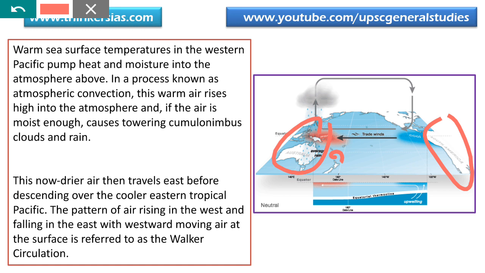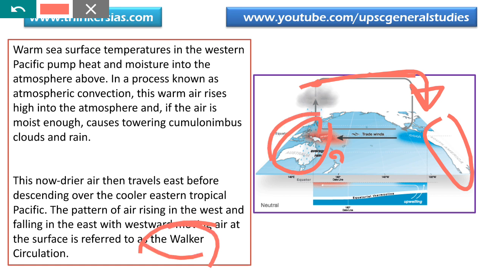Now the drier air in the atmosphere then travels before descending over the cooler eastern tropical Pacific. So this dry air travels in the eastern direction and descends on the coast of South America, that is the Eastern Pacific Ocean. This pattern of rising air in the west and falling air in the east, with westward moving air at the surface, is referred to as Walker's circulation. Here is the region of low pressure, and this is the region of higher pressure.